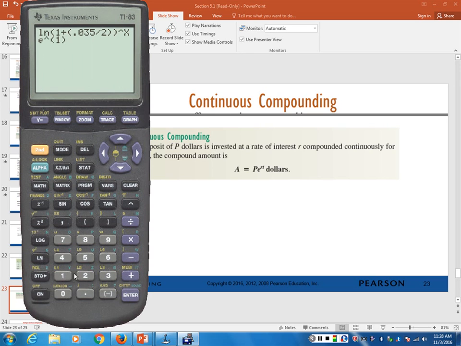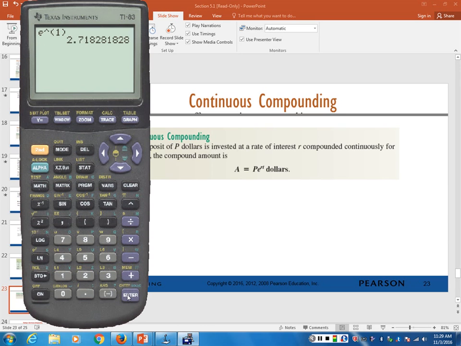Second ln gets you the e, because those are inverse functions of each other, and e to the first power. Sorry, let's try that again. I had something in there already. So e is, we usually say, 2.7183.